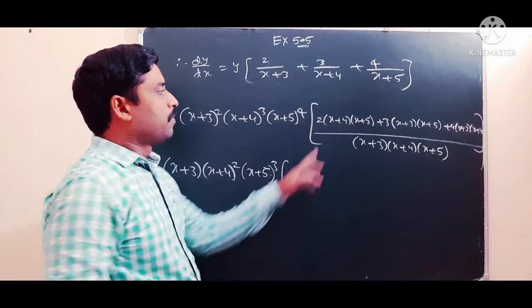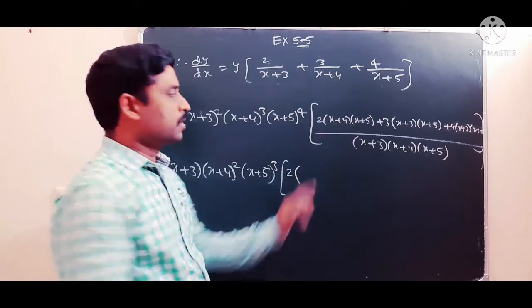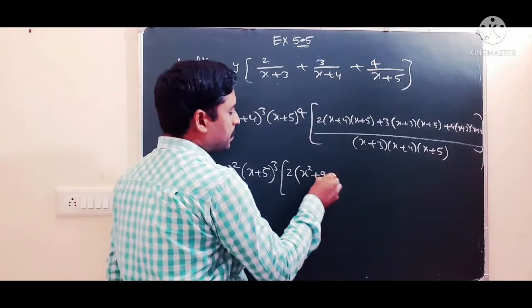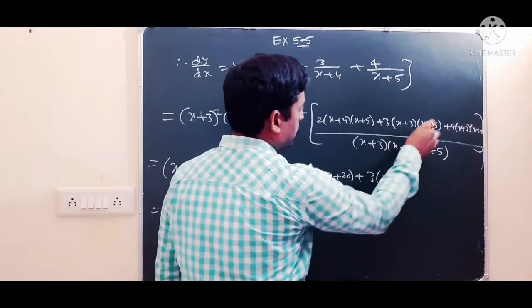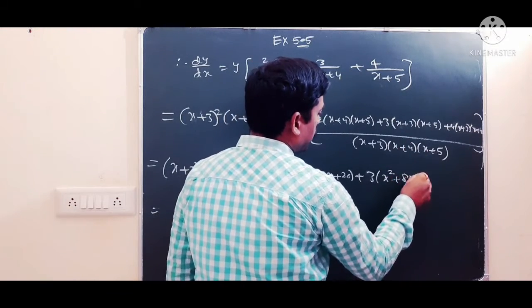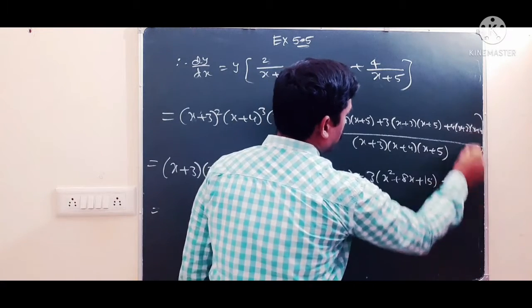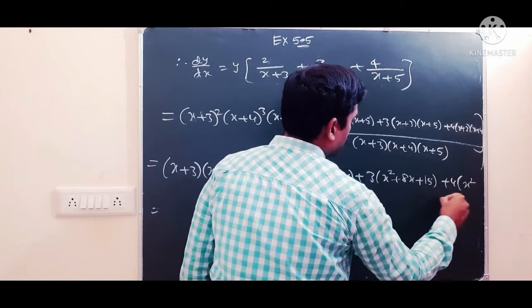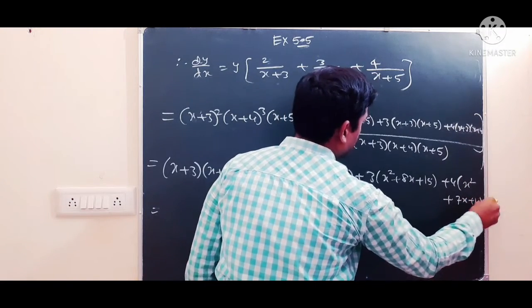First, 2 times, we multiply these two factors: x square plus 9x plus 20. Then 3 times this value, x square plus 8x plus 15, plus 4 times x square plus 7x plus 12.